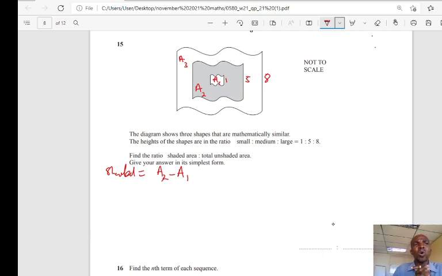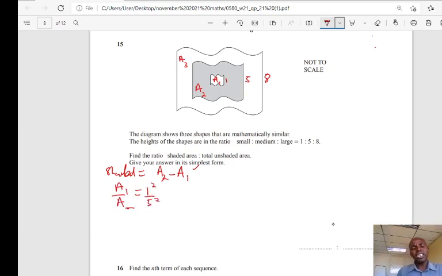Then the other thing that you have to know is, if two shapes are similar, then the ratio of the corresponding sides are equal. Based on the areas, the ratio of the areas is the ratio of the squares of the corresponding sides. Which means here, taking these two areas, area 1 over area 2 is equal to 1 squared over 5 squared.